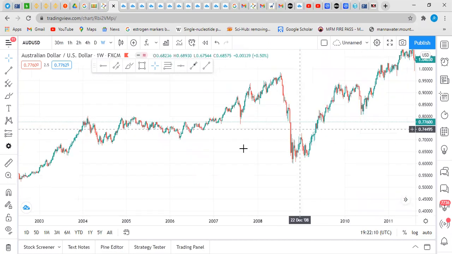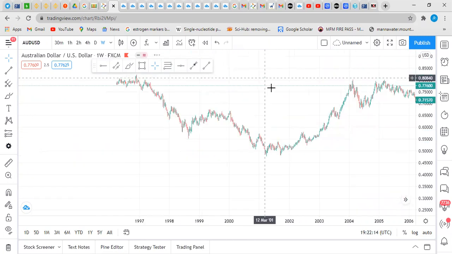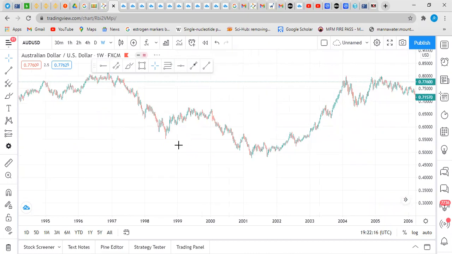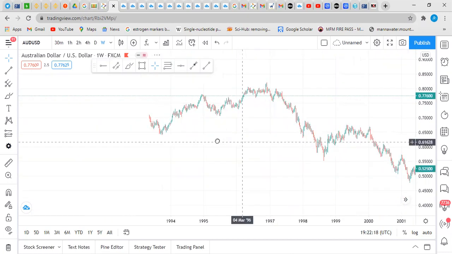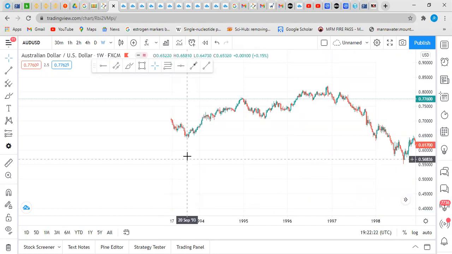So the chart is still loading. So we can see it all the way up to around 1994.